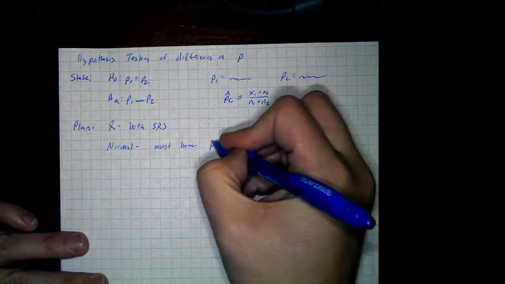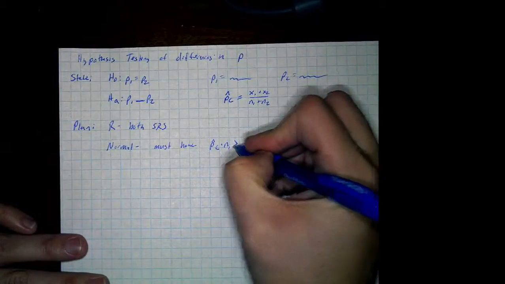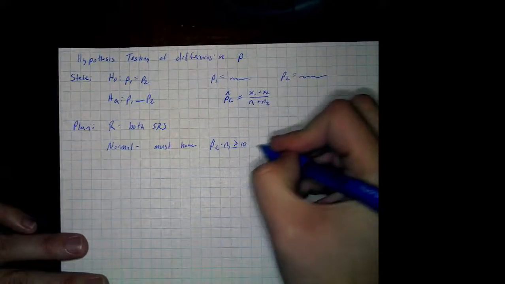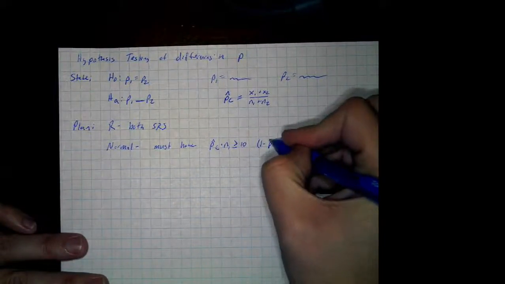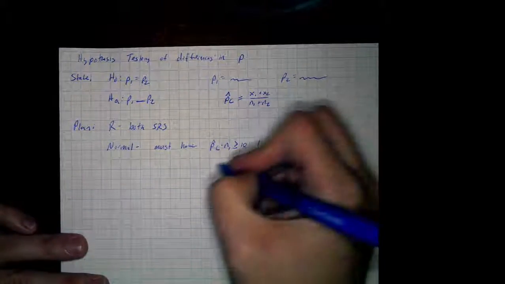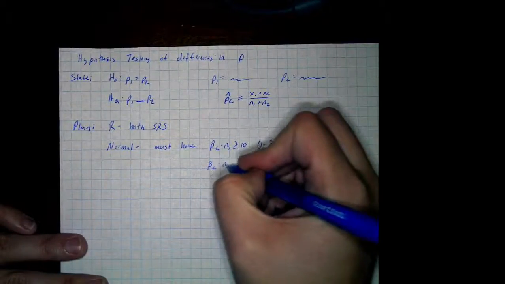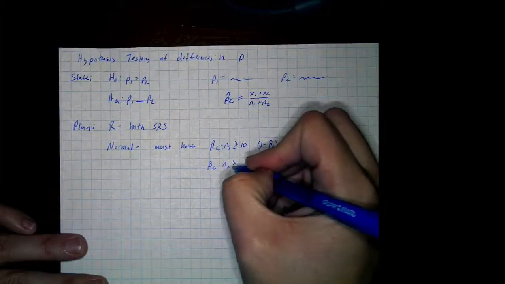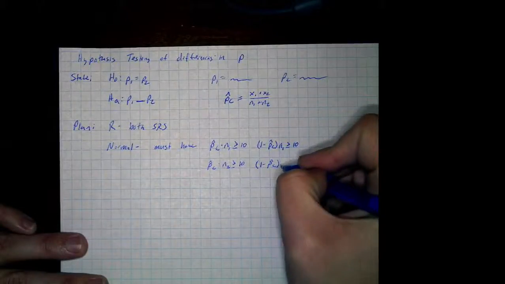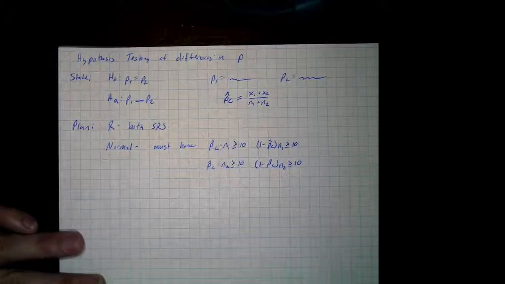So we must have P hat C times n1 greater than or equal to 10. 1 minus P hat C times n1 greater than or equal to 10. P hat C times n2 greater than or equal to 10. 1 minus P hat C times n2 greater than or equal to 10. This is 10 successes and 10 failures.